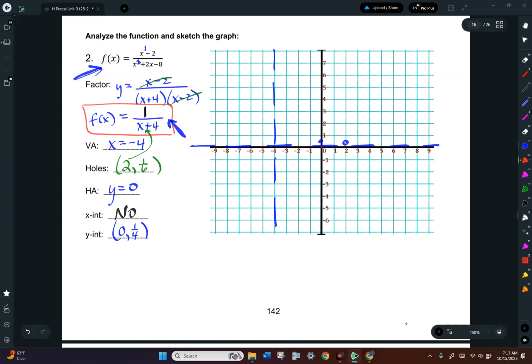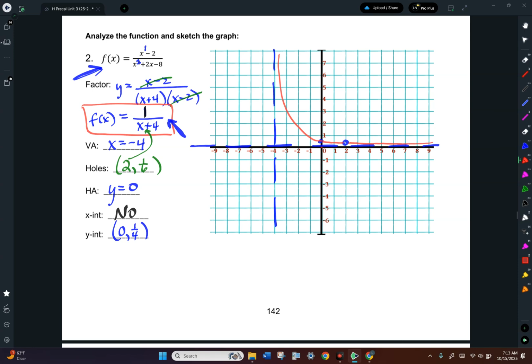Okay, so if I were to sketch this graph, I know it approaches this asymptote over here. It goes through the hole, heads for that point, and then it continues over to head up towards that asymptote.